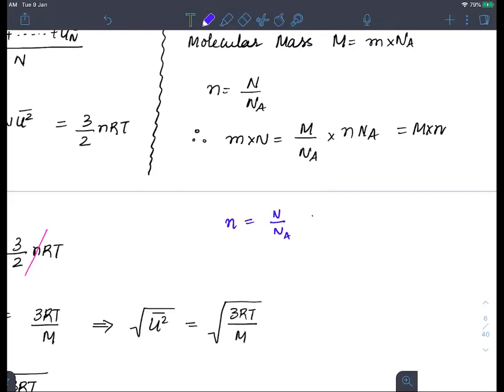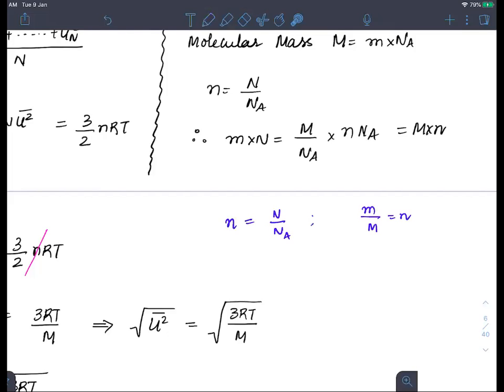Mass into n will give us the number of particles. Sorry, molar mass by m would give us the number of moles.